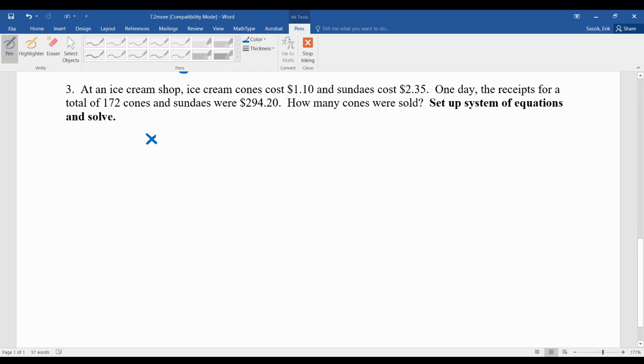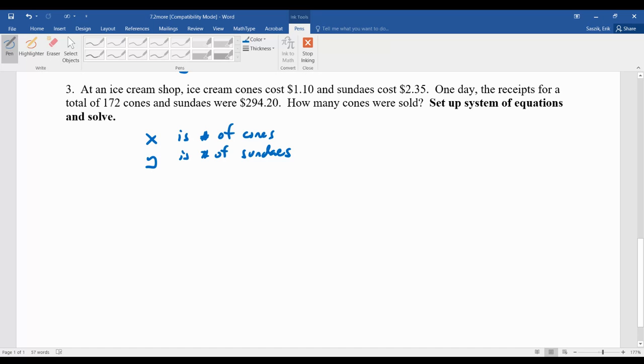We don't know how many ice cream cones they sold or how many sundaes. I'm going to call x the number of cones and y the number of sundaes. I could have used C and S. I don't like using S though. It ends up looking like a 5 for me.